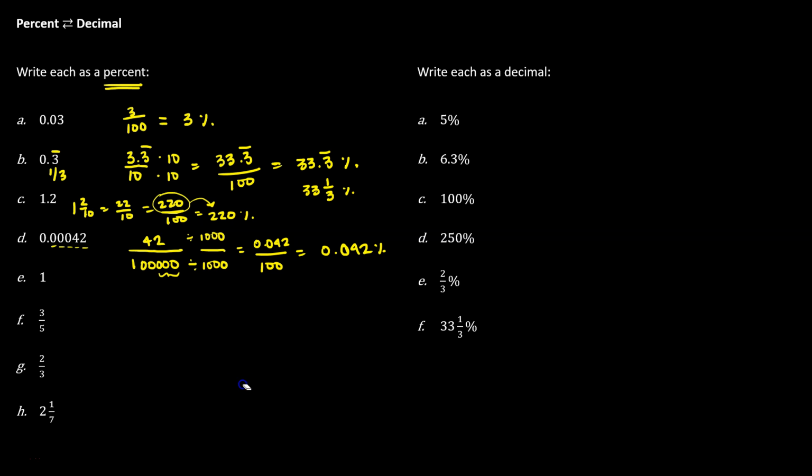Now maybe you're starting to recognize a pattern between the number we're starting with and the number that we're ending with in the percent. When you're starting with a decimal, moving to a percent, you're basically moving the decimal to the right 2 times.